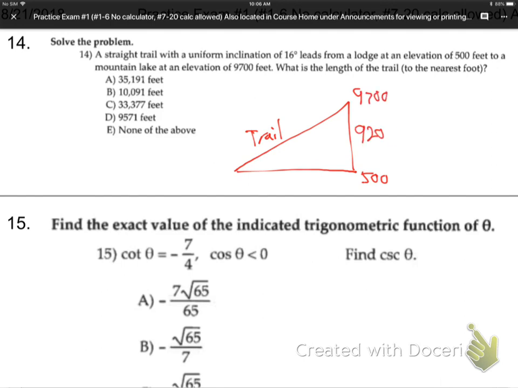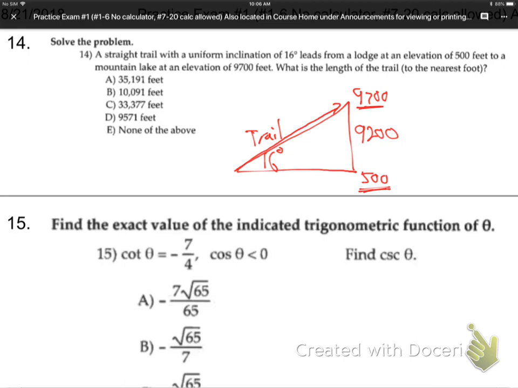So that means this is a climb of 9,200 feet. Right? They're going on a trail like that at 16-degree inclination. And the trail's going up a mountain. Right? They're climbing from 500 feet up to the lake at 9,700 feet.